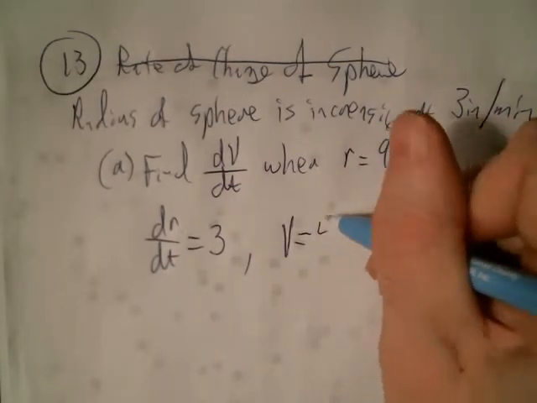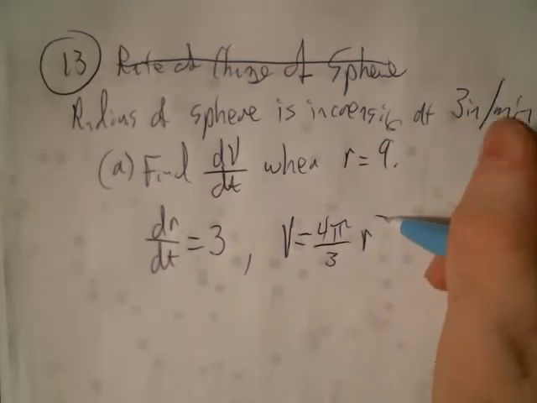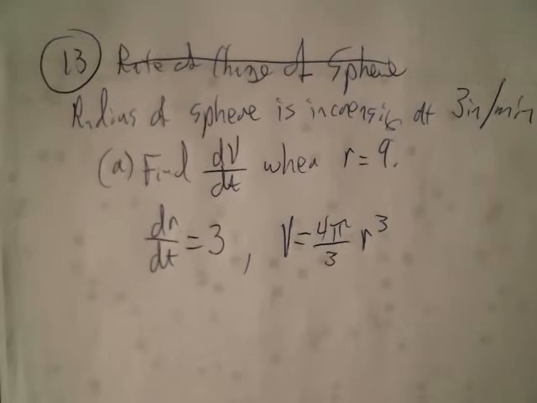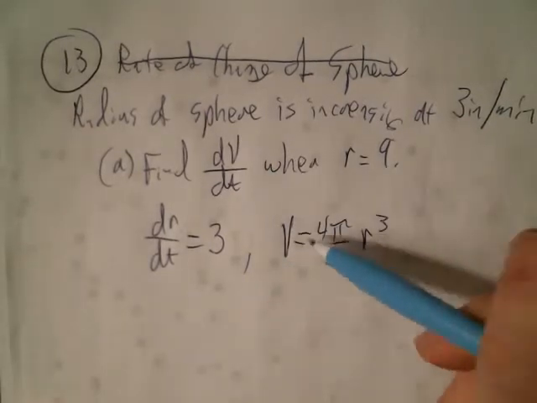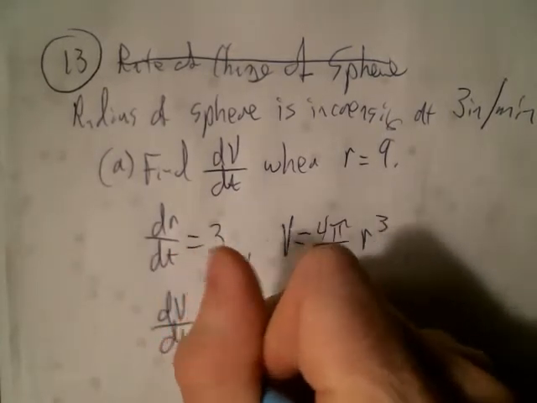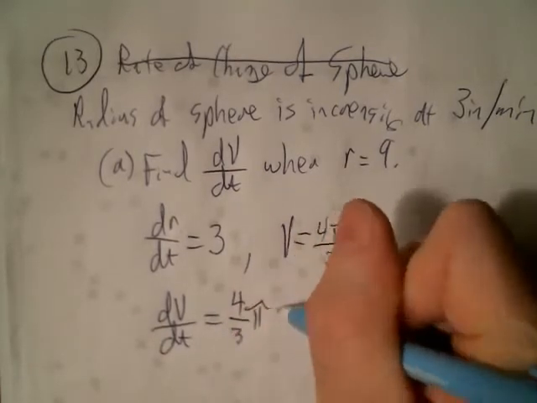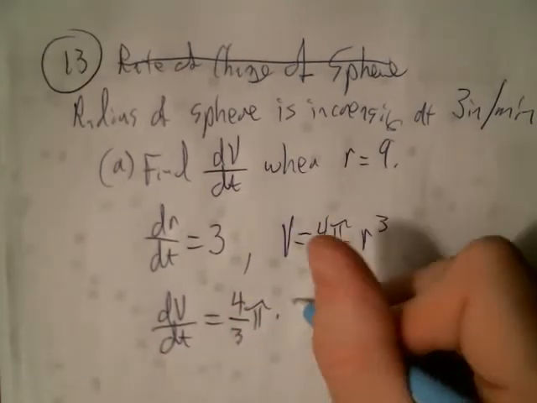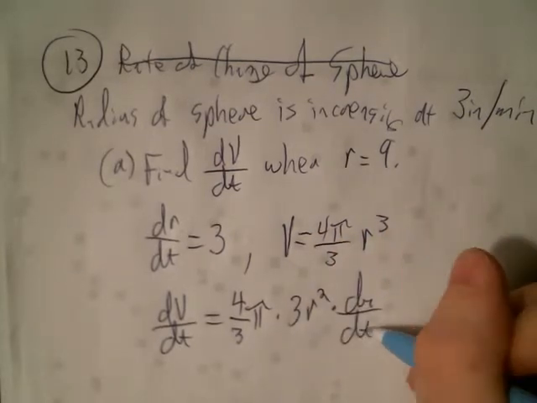V is equal to 4/3 pi r cubed. And then to get a related rates formula, you just take the derivative of this with respect to t. So we have dV with respect to dt is equal to 4/3 pi times 3r squared times dr with respect to t.